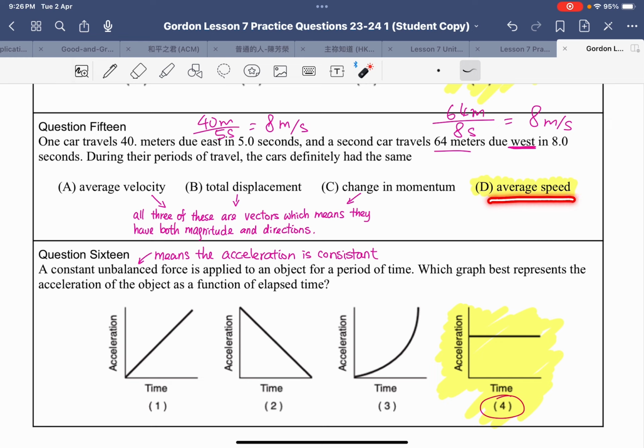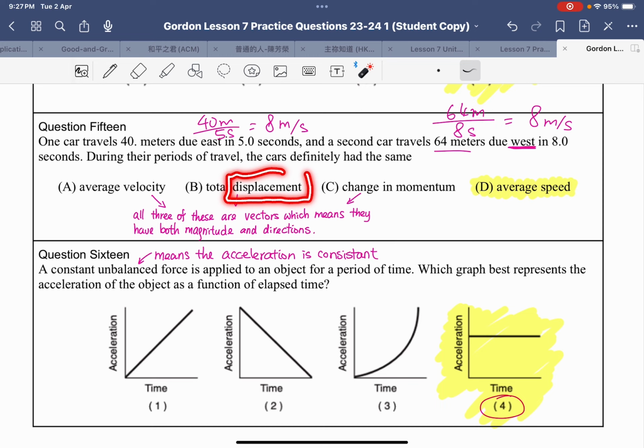Now, the speed component doesn't have direction. It only has magnitude, all right? Whereas these are what we call vectors. So velocity, other than just the speed, also needs to tell me direction. And because they are opposite directions, they have the same speed but not the same velocity.